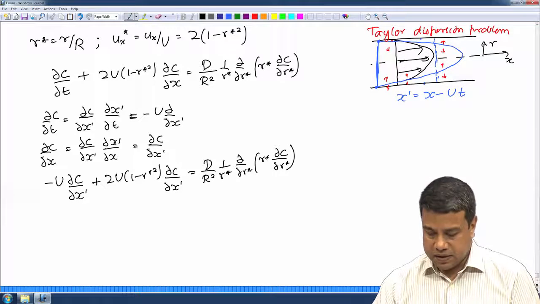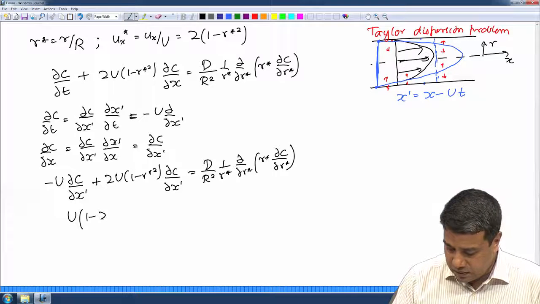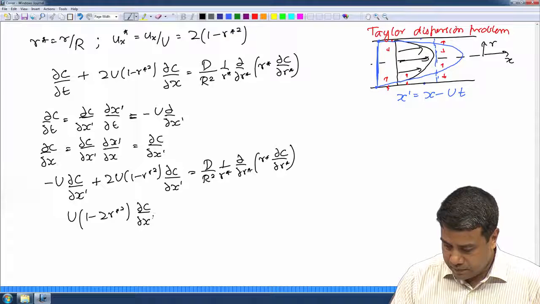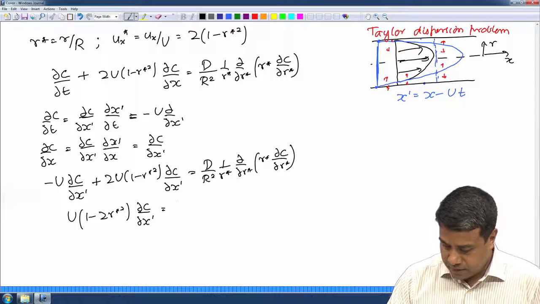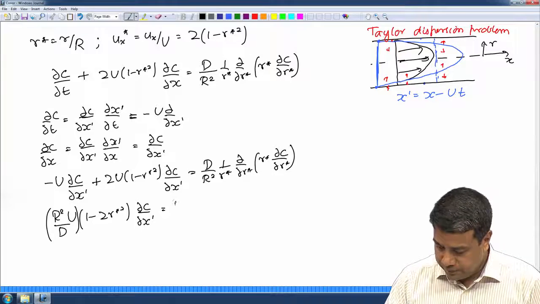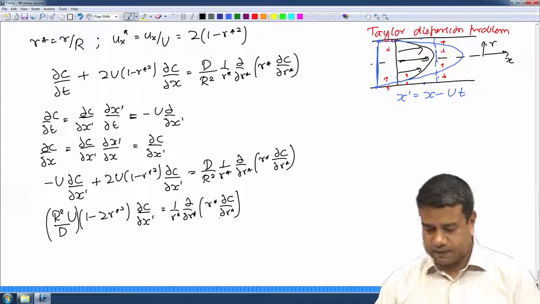Alternatively, I can write this as u into 1 minus 2 r star square, in terms of u r square by t.